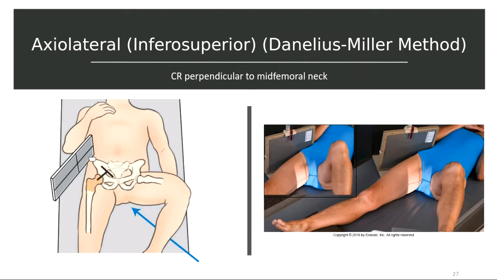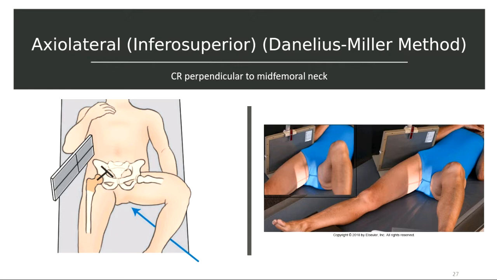You can see the end of the IR is above the iliac crest. And you make it parallel to the femoral neck. So you can see right here they're showing you, you want it to run in line with the femoral neck. So if the femoral neck is right here, then you want your IR to be parallel to that.